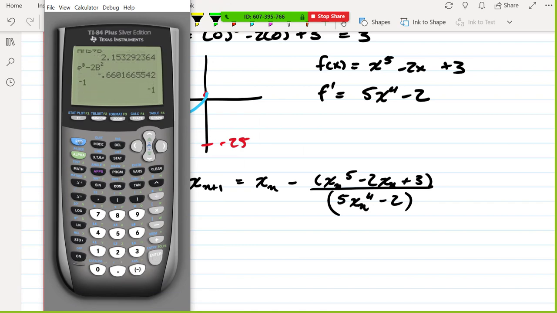And then I would have my answer, take away alpha y equals, some parentheses, I'm going to have answer to the fifth minus 2 times my answer plus 3 over 5 answer to the fourth. Oh, the answer didn't take.